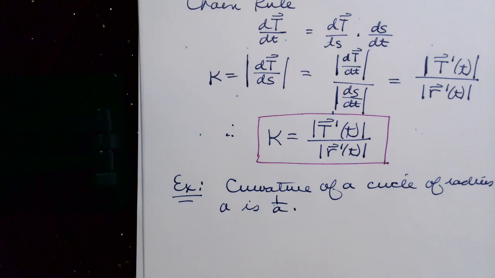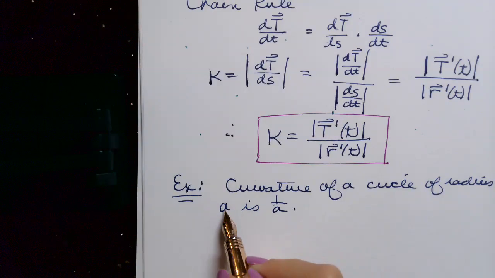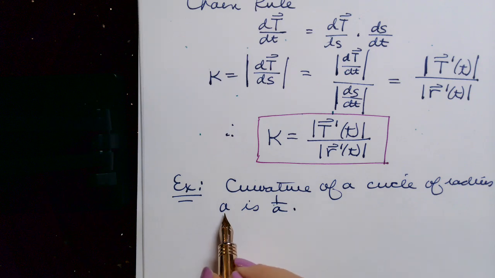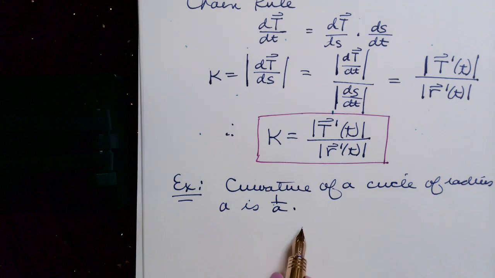If you think about that, what that says is that small circles have big curvature and big circles have small curvature. So in our heuristic definition of how fast or how steeply a curve bends, if you have a very small radius a, then 1 over a is really big. It means it's bending very steeply. And conversely, if a is really big, then 1 over a is really small. That means it's bending very gradually, very slowly.